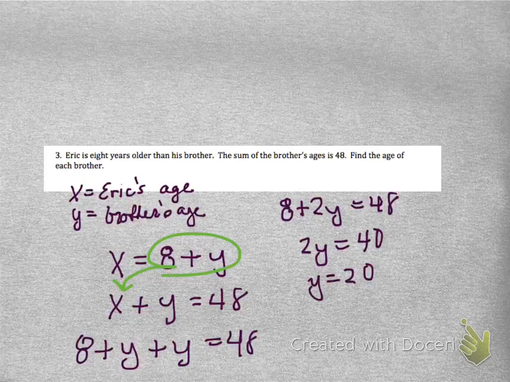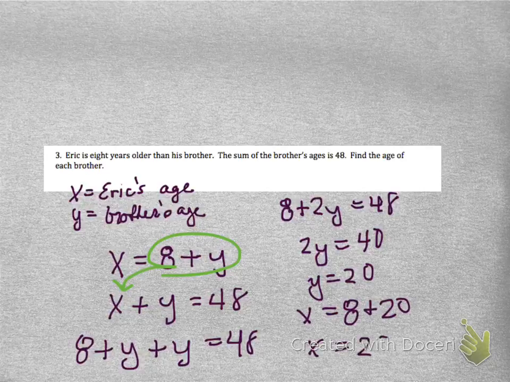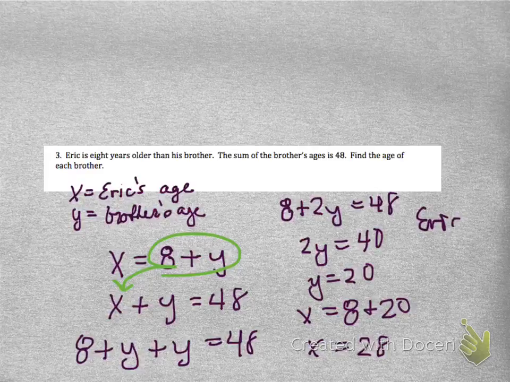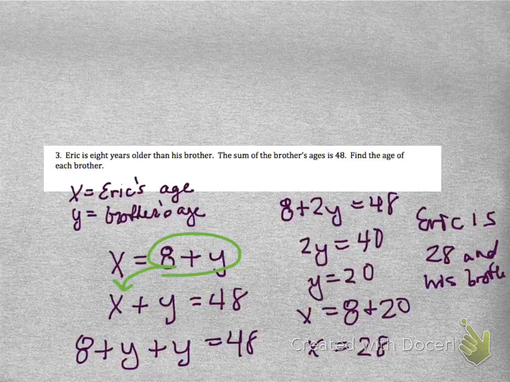And if I plug that back into one of the equations, I would get x is equal to 8 plus 20, and so x is equal to 28. And so I can conclude that Eric is 28, and his brother is 20.